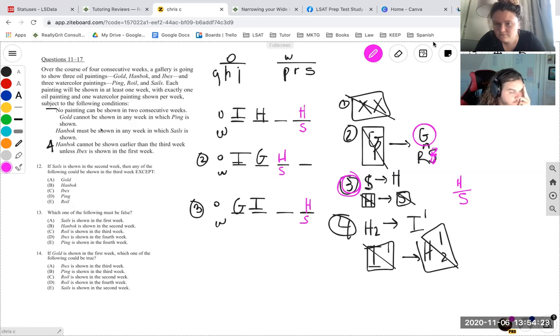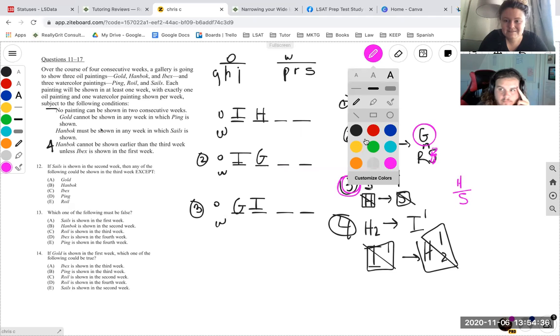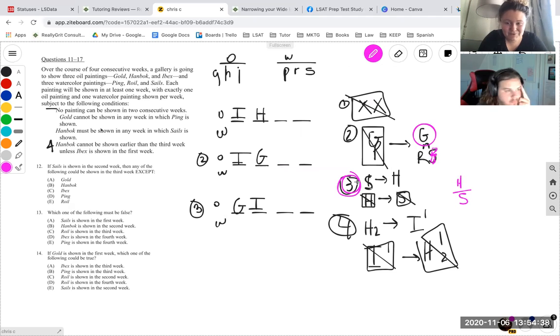Okay. So because of that, a different way of saying this rule, the negative version of S has to be with H, is G and I cannot be with S. Do you see that?